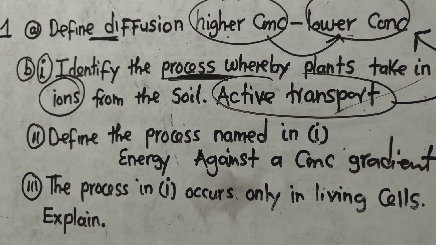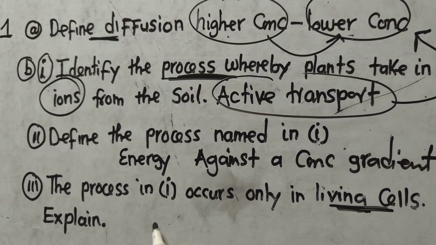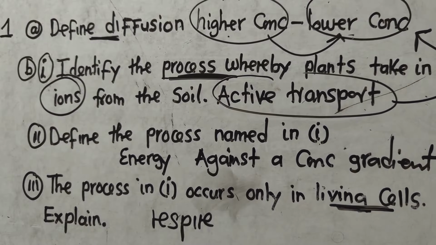I want you to understand that active transport occurs in living cells because living cells are able to respire. Have you seen? They are able to respire. This is the reason why.